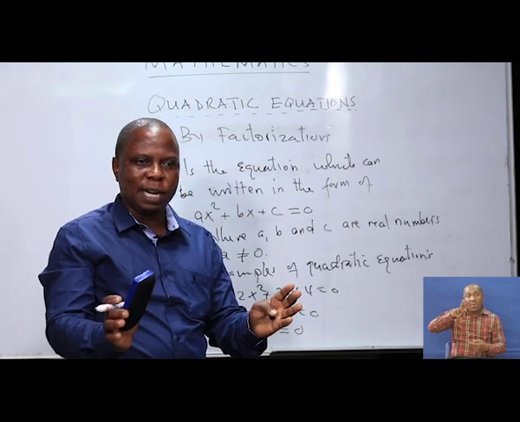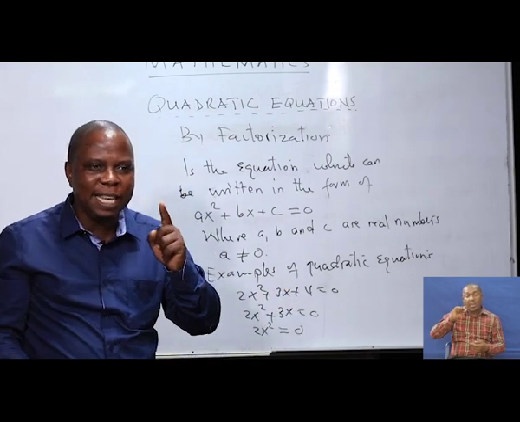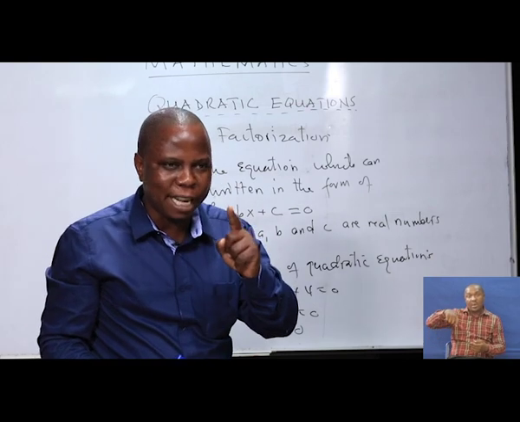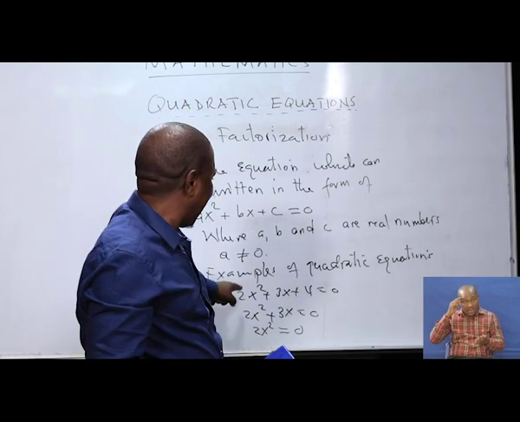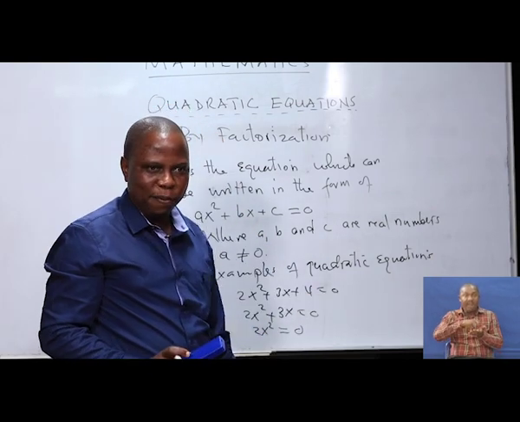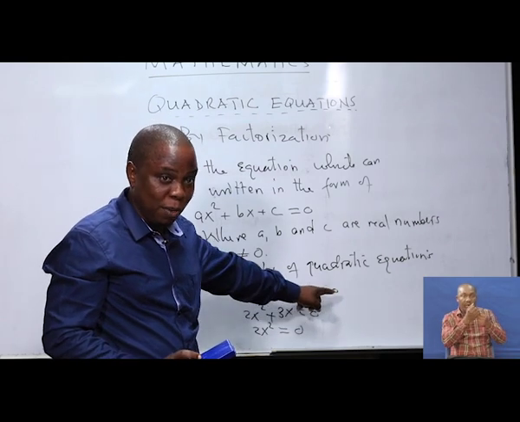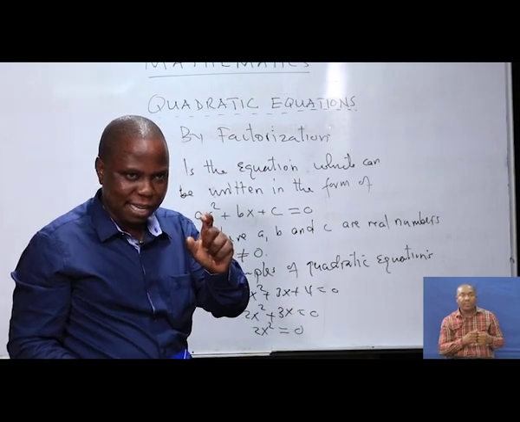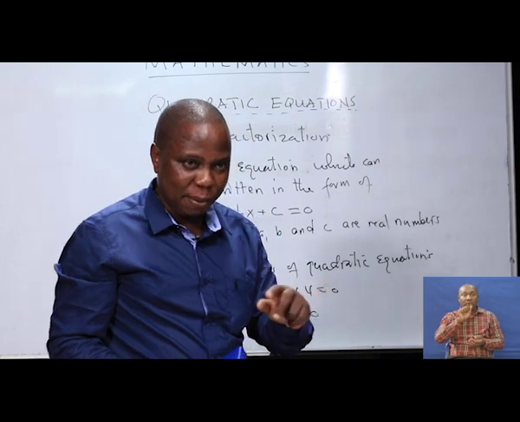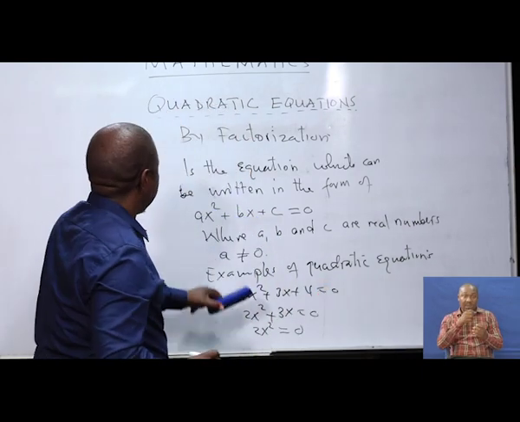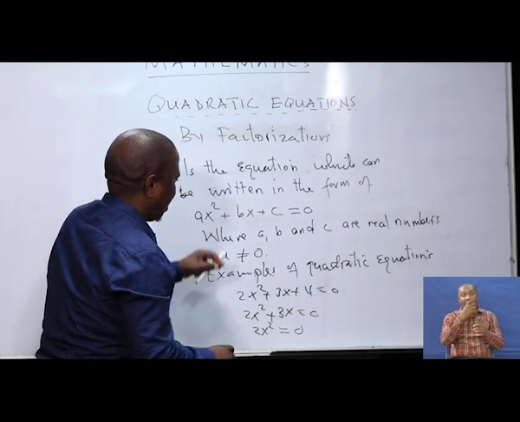When I say solving a quadratic equation, it means finding the value of the variable which, when substituted in here, will balance this equation and give you equal to 0. Find the value of x, it can be x1 or x2. That is solving quadratic equations.